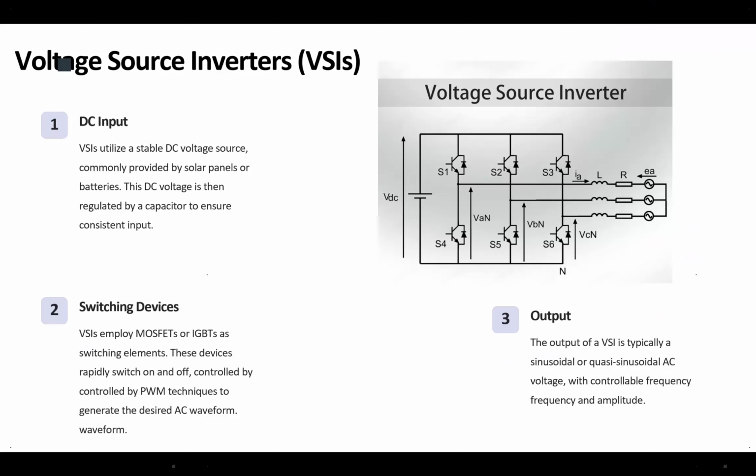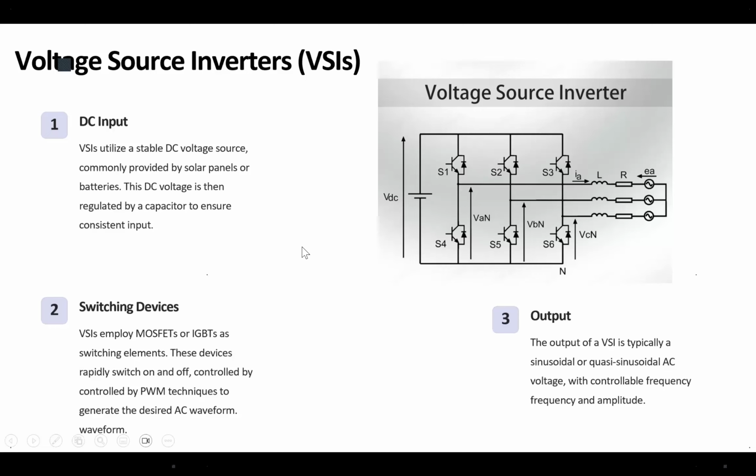So normally, if you want to recognize the voltage source inverters by the topology, you could basically see that on the DC part of the inverter, you are always gonna see a voltage regulator, which basically is a simple capacitor or a network of capacitors.